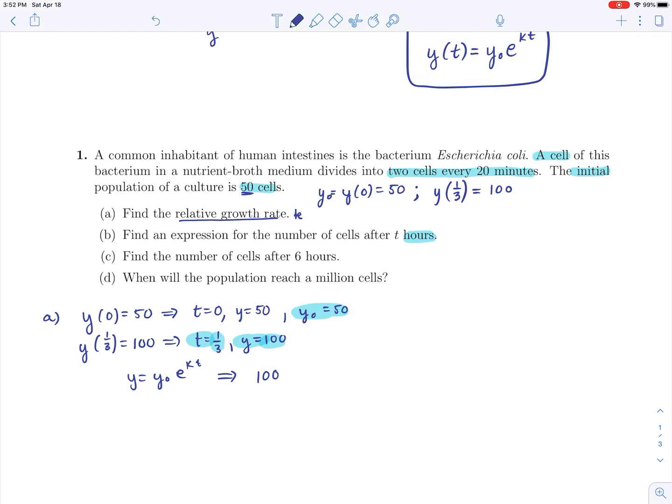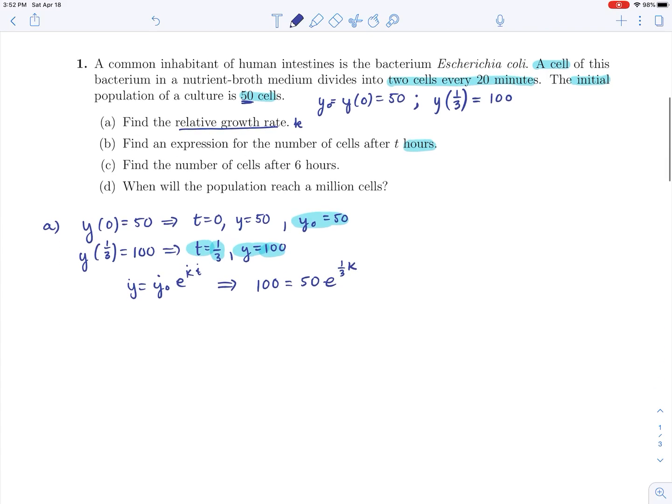So 100, that's my y, equals 50, that's y naught, e to the k times t, so 1/3 k. And now we just have the one variable k, so we can solve for it. Let's divide both sides by 50, and then we have e to the 1/3 k is equal to 2.